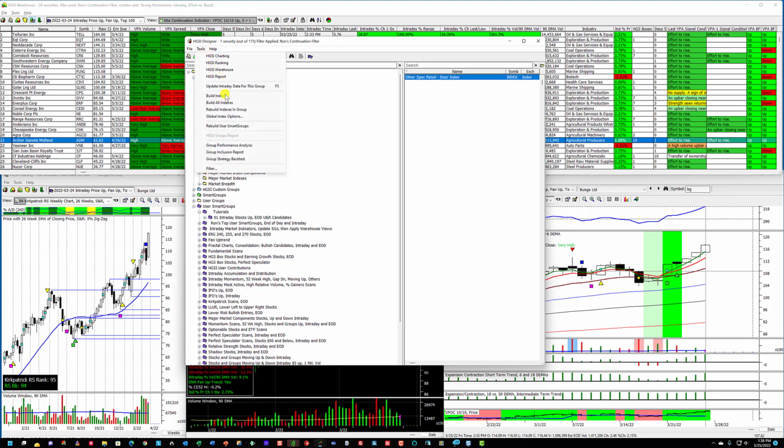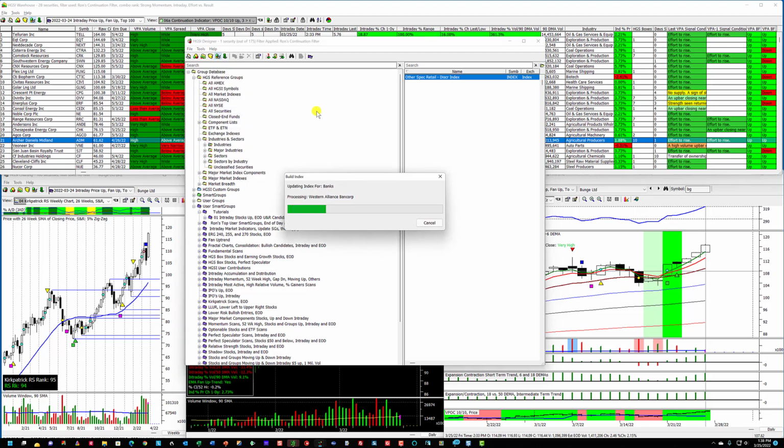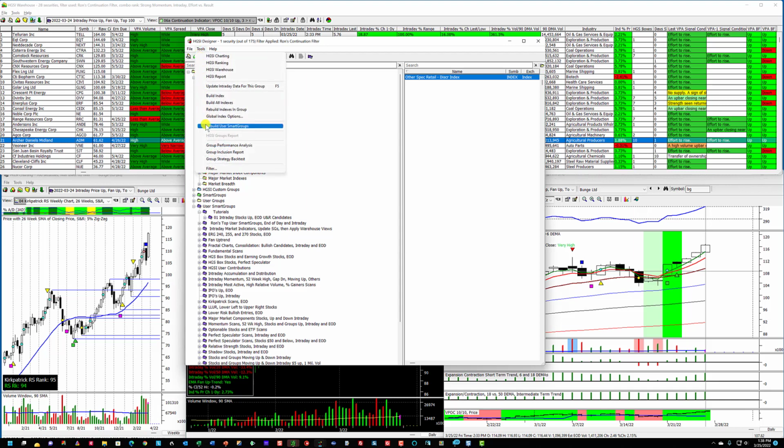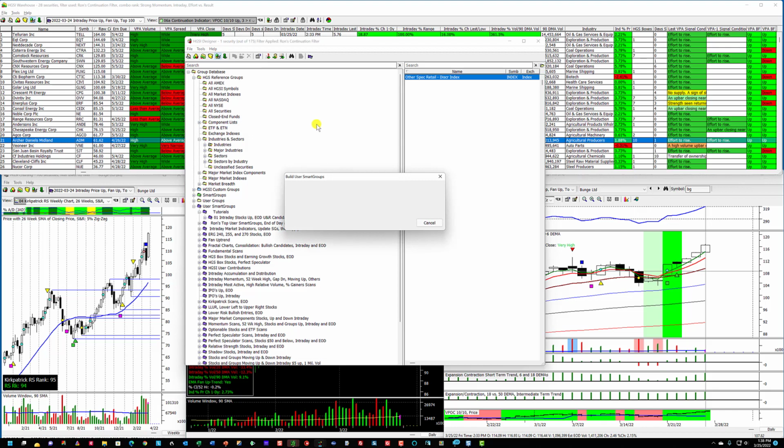It's been updating in the background, so when I know the data is no more than 5 minutes old, I'm going to rebuild these groups just so I know where the strength is. And then I will go into the Tools menu and I will select Rebuild User SmartGroups. So this is going to give me current data.